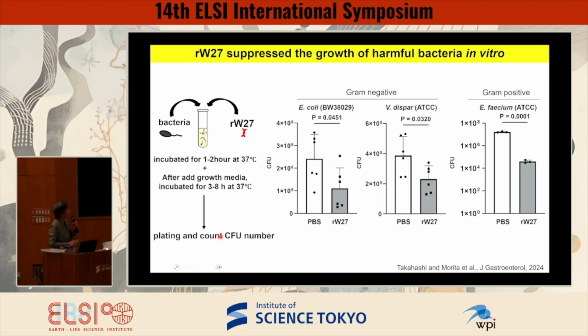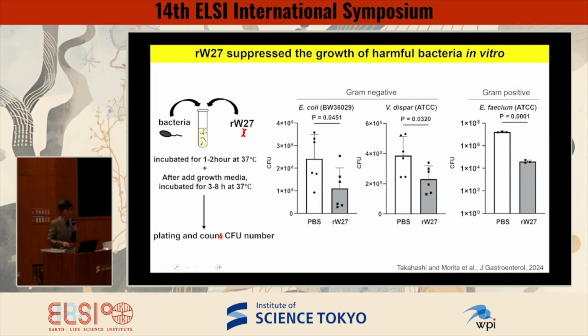And in the first part I said the IgA is polyreactive. Here I show gram-negative or gram-positive doesn't matter. This monoclonal IgA antibody can suppress the growth of E. coli, Veillonella dispar and Enterococcus faecium like this.